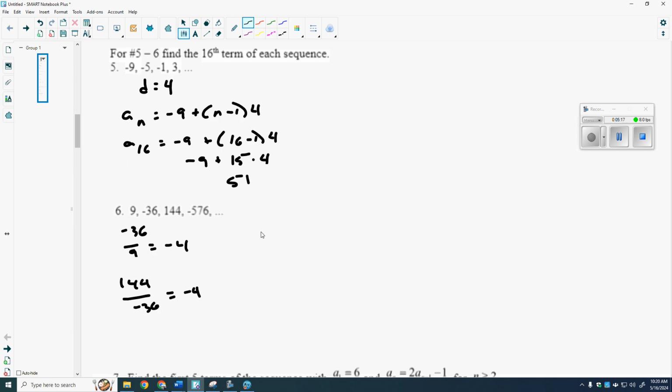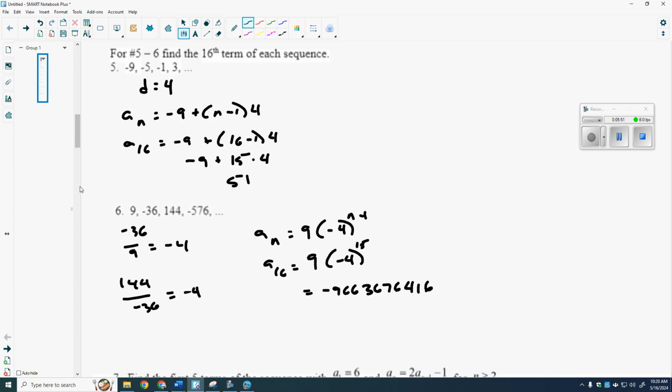So my equation, a sub n, equals the first term 9 times r raised to the n minus 1, and in this case n is 16. So a sub 16 equals 9 times negative 4 raised to the 15th power. Grab your calculator, type it in, and we get the answer in the back: 9, a gigantic number, 966, etc. And I will make the assumption you can type that into the calculator. Hopefully that's a good assumption.